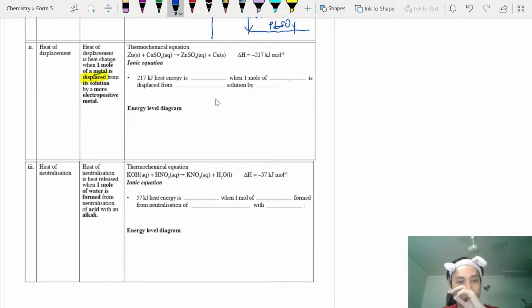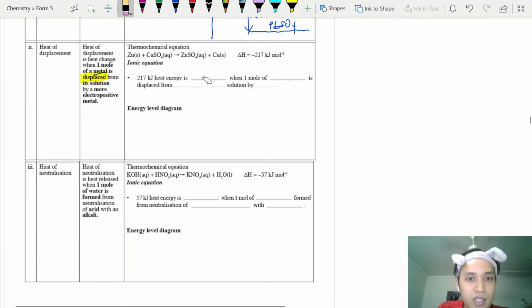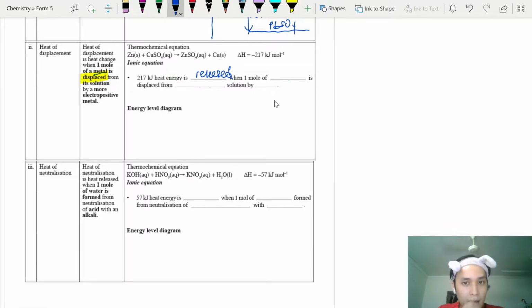So how we change it according to the question: heat change, meaning heat release, is released. How I know it is released is because of the sign here. Is released when 1 mole of, so you need to know who is being displaced. If you remember your electrochemical series, the one that is more electropositive, or the one that is higher, will displace, meaning the one higher will kick the lower out.